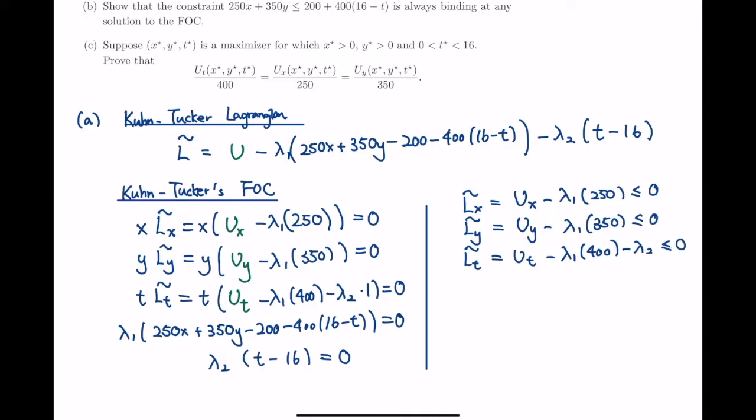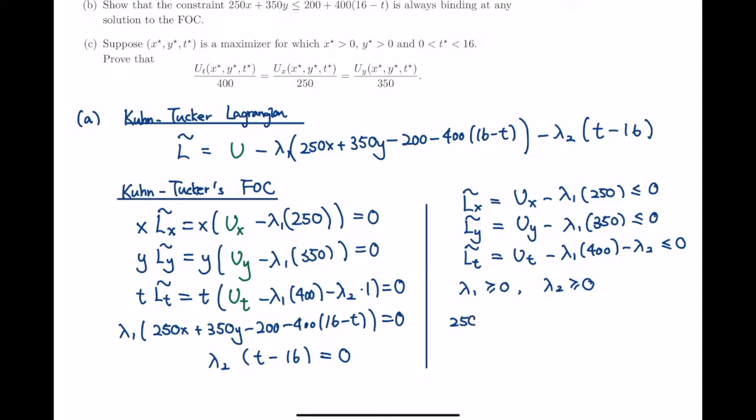And then also all the Lagrange multipliers are non-negative. So lambda 1 is greater than or equal to 0. Lambda 2 is greater than or equal to 0. And finally, the given set of inequality constraints. The first inequality constraint is 250x plus 350y less than or equal to the budget, so the budget constraint.